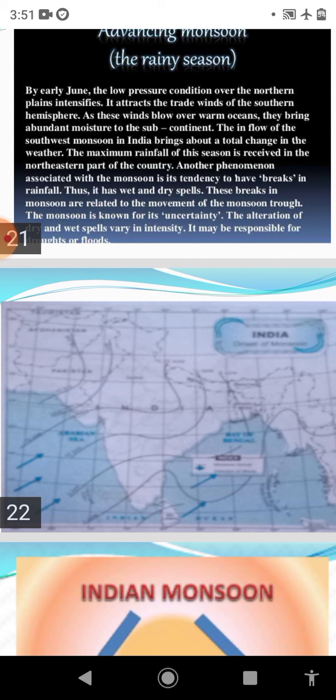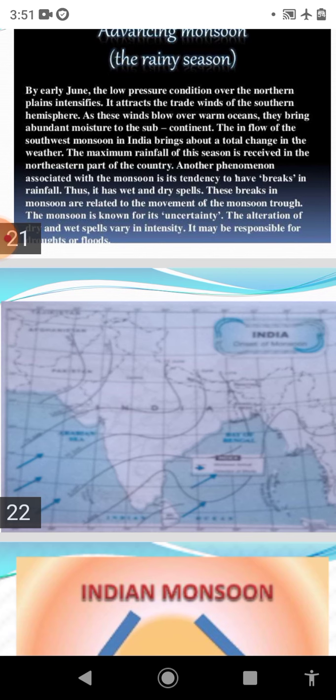When the axis of the monsoon trough lies over the plains, rainfall is good in these parts. On the other hand, whenever the axis shifts closer to the Himalayas, there are longer dry spells in the plains and widespread rain occurs in mountainous catchment areas of the Himalayan rivers.